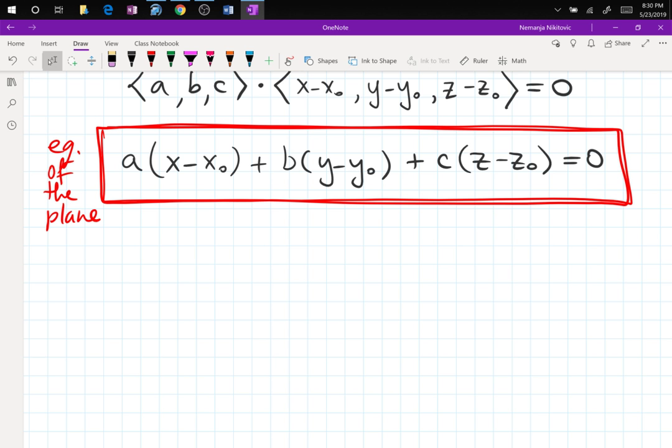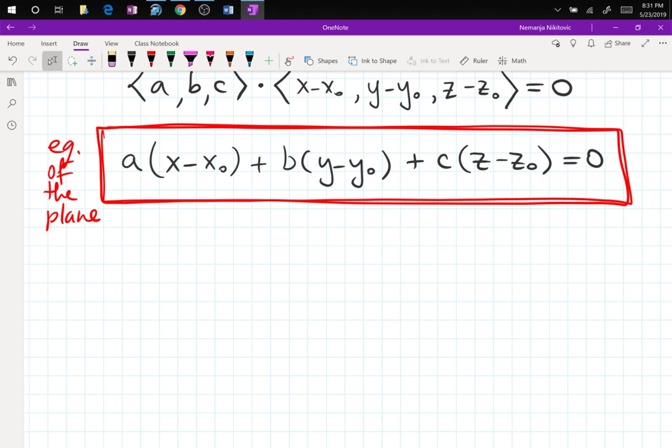Before I go there, please note, remember what I said, you get your normal vector by the cross product of the two vectors in a plane. And cross product is not commutative. If you do the cross product one way, you get the normal vector pointing, let's say, up. If you swap the vectors and do the cross product the other way, you get that normal vector pointing down. That was discovered and talked about yesterday.